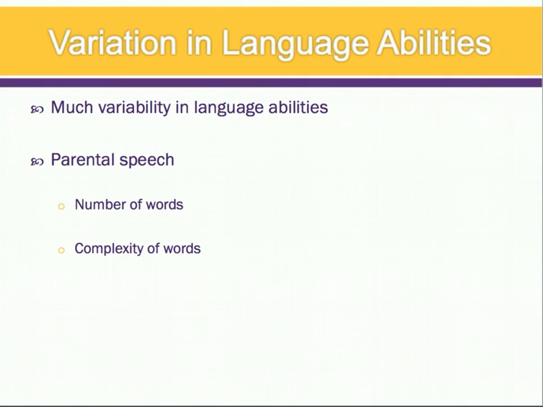Really, though, what is important is both number of words and type of speech. So the number of words used is related to vocabulary growth early in life, the number of words a child is exposed to.